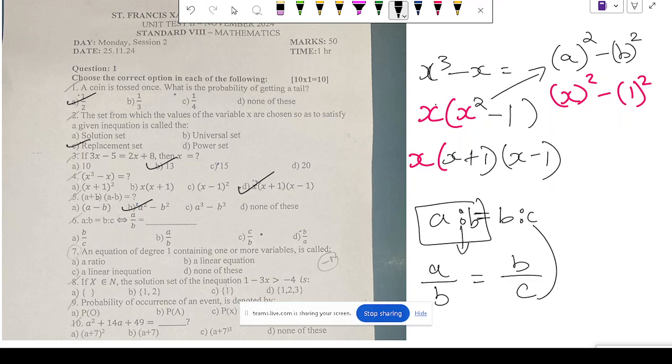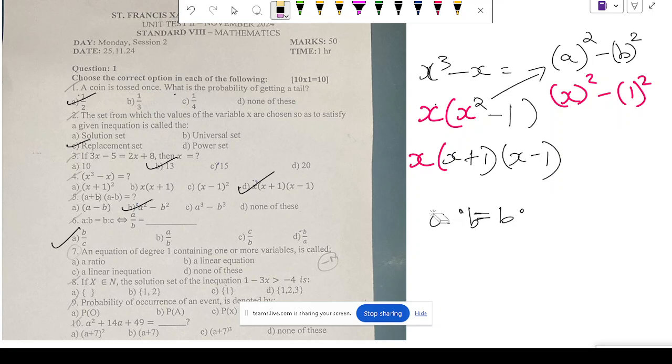There are 4 options given. Option A, sir, b by c. Okay. See, I told you, the 'is to' symbol is for division. A divided by b is equals to b divided by c.